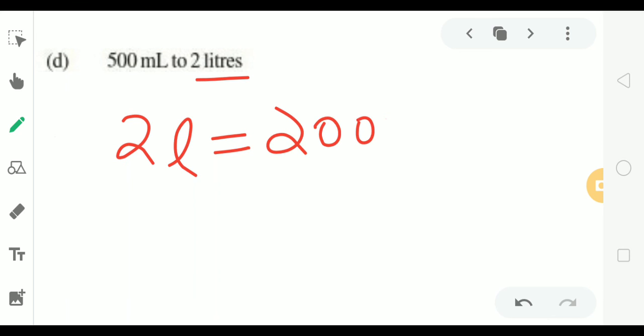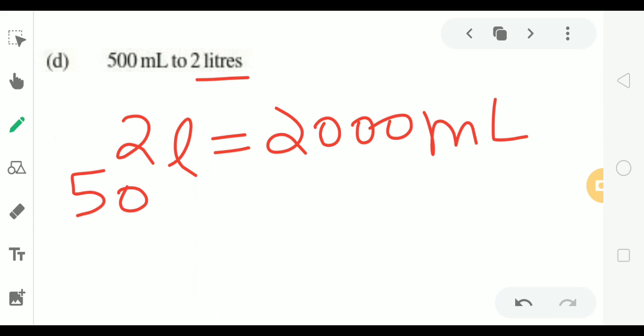Next one, 500 ml to 2 liters. So here 2 liters we have to change. 2 liters we can write as 2000 milliliters. Then we can compare 500 ml to 2000 ml. Here we replace 2 liters by 2000 milliliters.